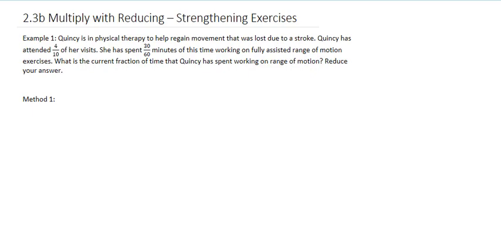Reduce your answer. So, there are two different methods that we can use to answer this question. For the first way, we will use multiplication rules for fractions and multiply the numerators and denominators. So we multiply 4 times 30 for our numerator.